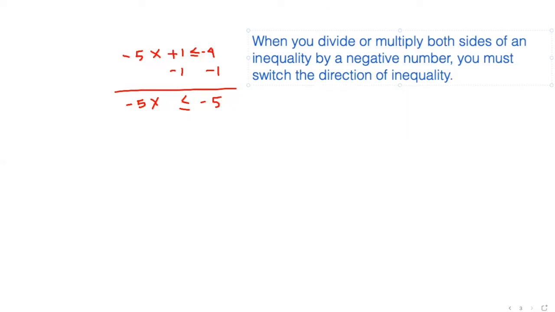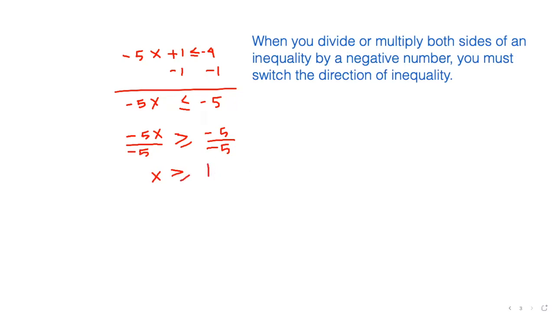So let me write it down again. I'm dividing by negative 5 on both sides and switching the inequality: it was less than or equal to, now it is more than or equal to. This negative 5 cancels, so we get x is more than or equal to 1.